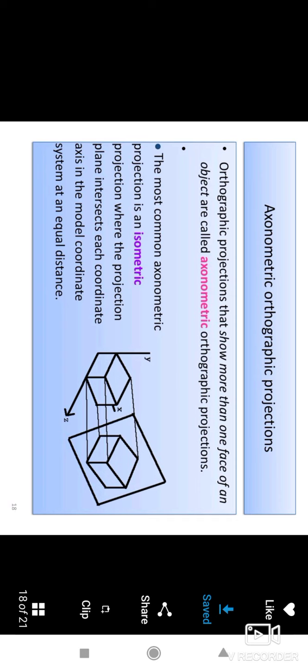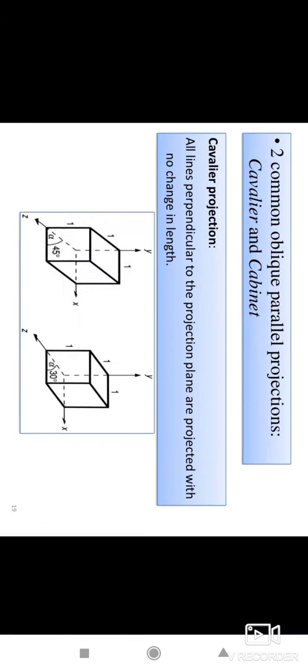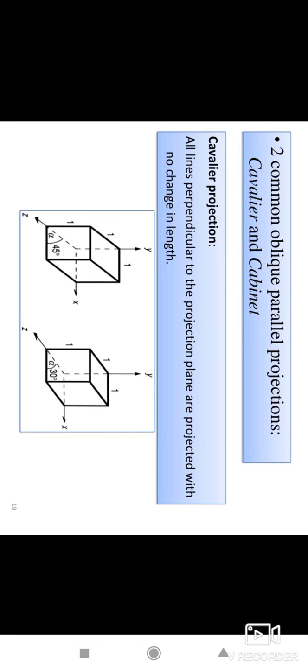That is known as isometric projection. Then next we have the dimetric and trimetric projections. Next we have the oblique parallel projections, which are of two types, Cavalier projection and cabinet projection.